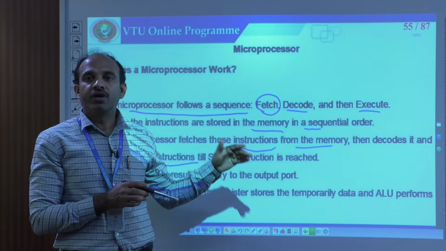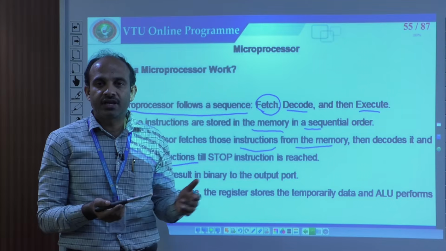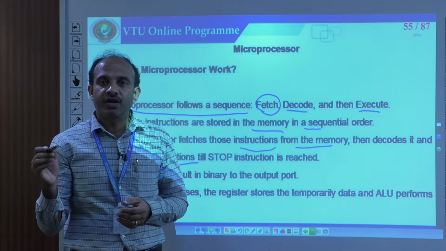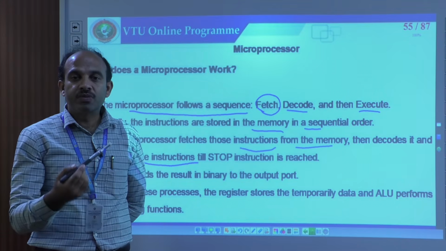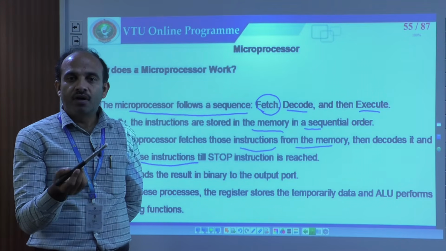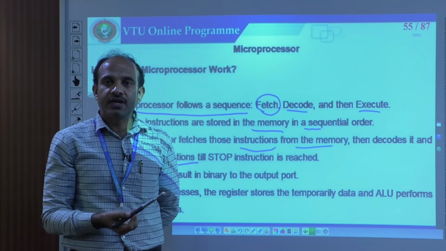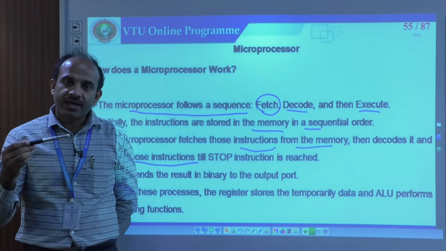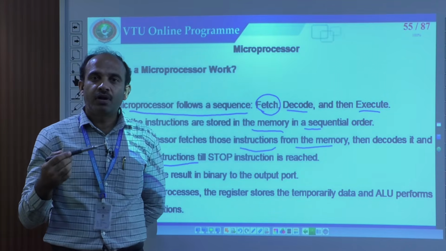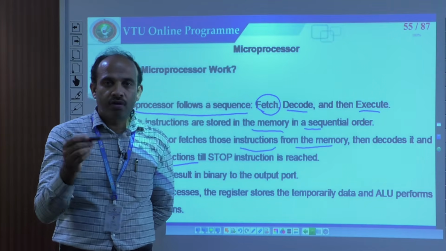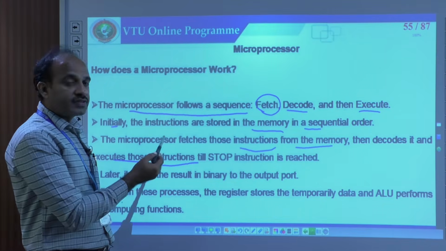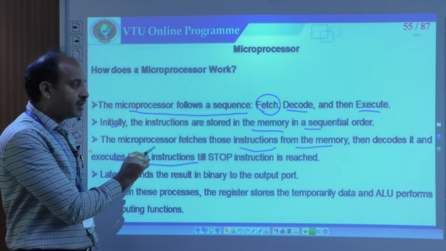At a very basic level, it is any instruction, like A plus B. In the next session we will discuss how exactly the CPU works, what the CPU consists of, and we will understand through that example how it works instruction by instruction.